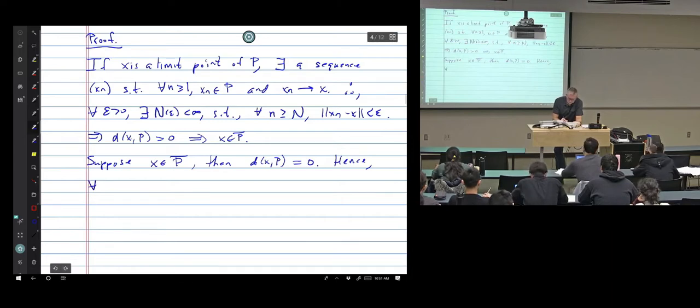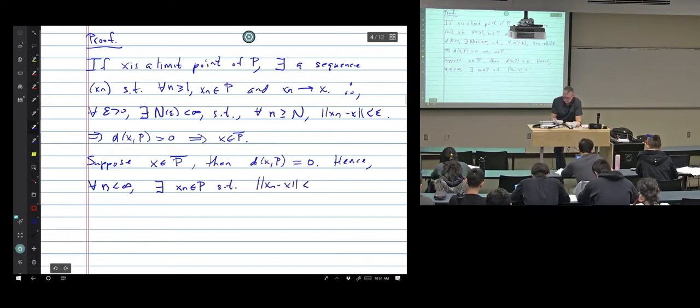Hence, for every n finite, there exists an xn in P such that the norm of xn minus x is less than 1 over n.